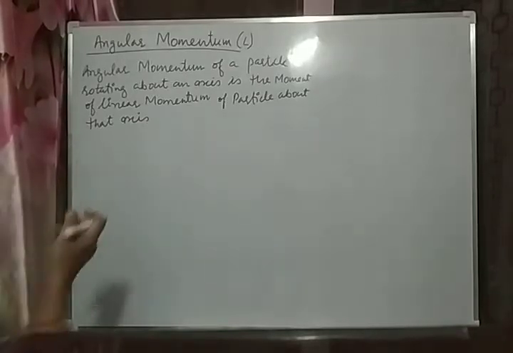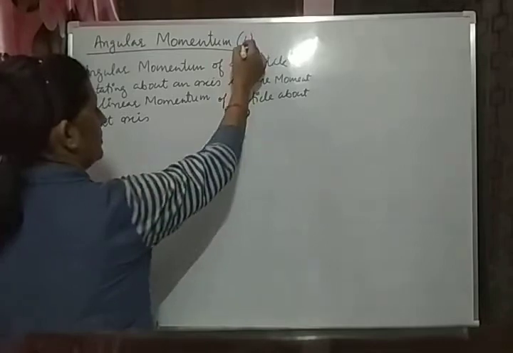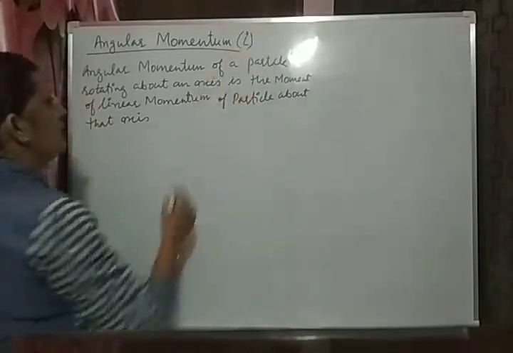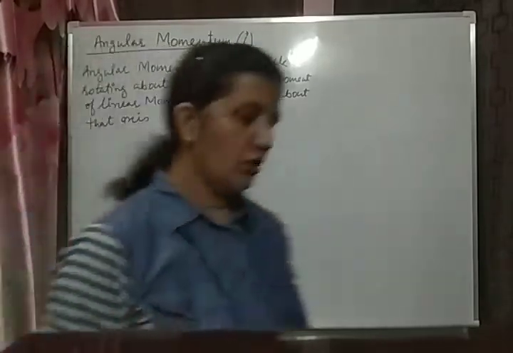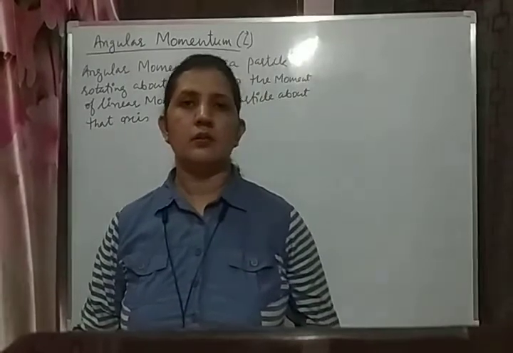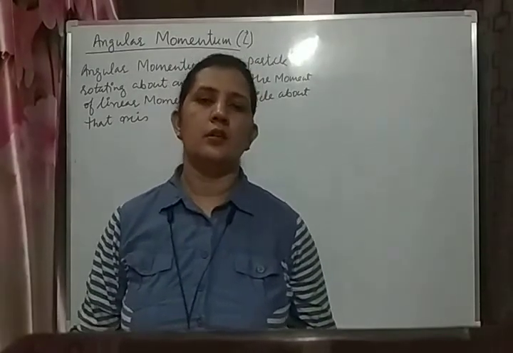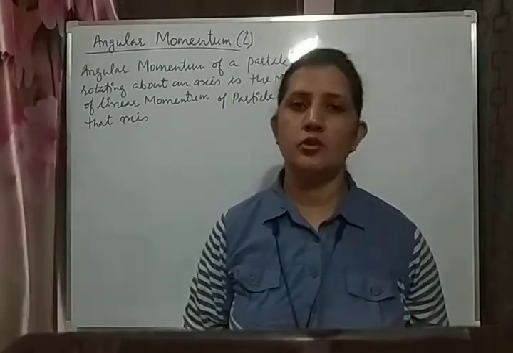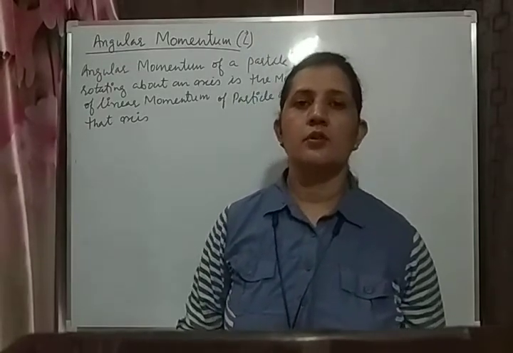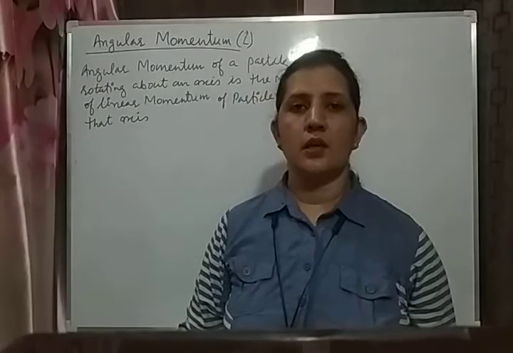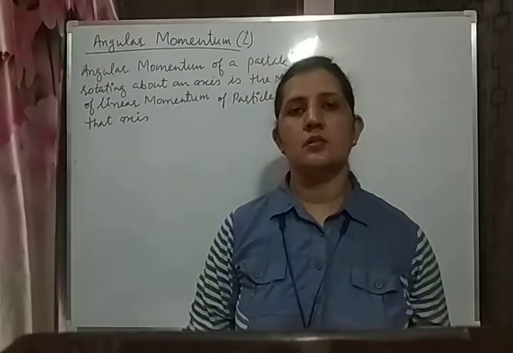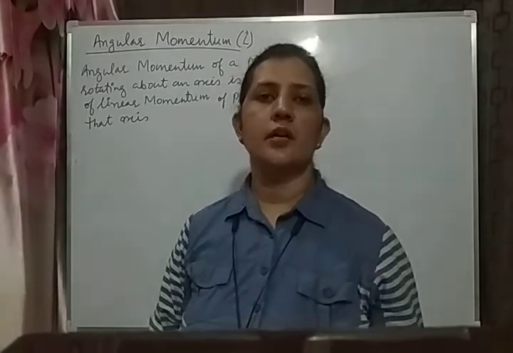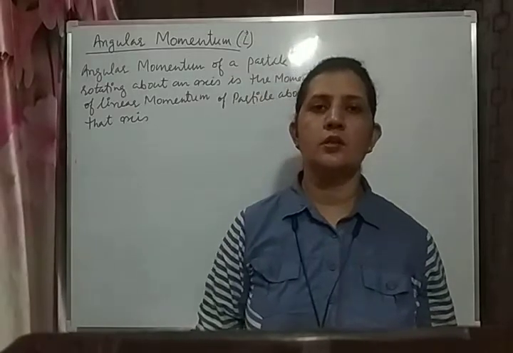Next topic is angular momentum, represented by L. Recall your linear momentum in the linear motion. The linear momentum is responsible for the translatory motion of the particle. But if we talk about the angular momentum, it gives us the idea about the rotational motion, how it changes.